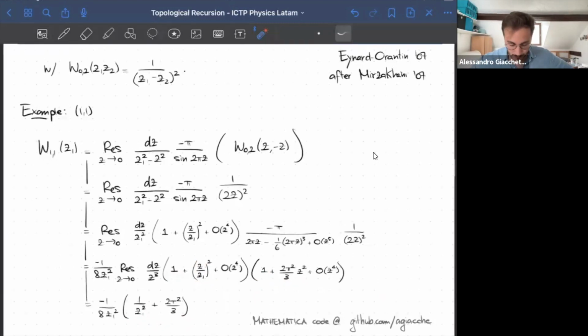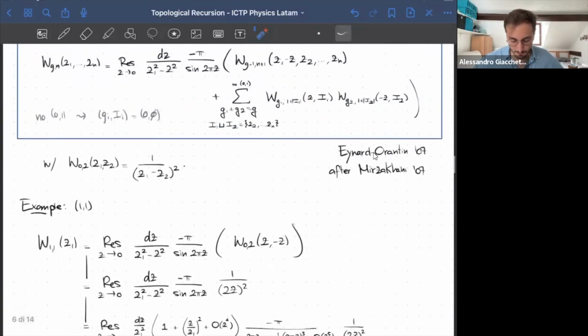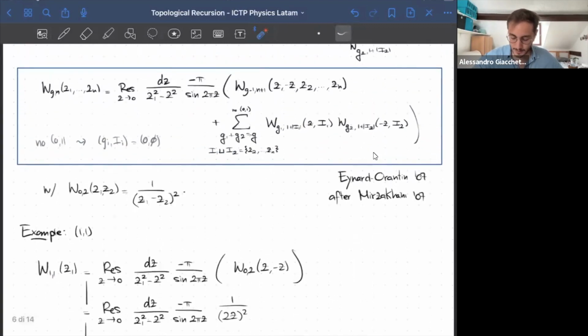The point I'm trying to make is that this is a simple type of computation that gets more and more difficult the more g and n you have, but it's a recursive formula, so you can just code it in your favorite software, and as soon as you know what the kernel is, you can run this recursion and compute as many W_{g,n} as you want.